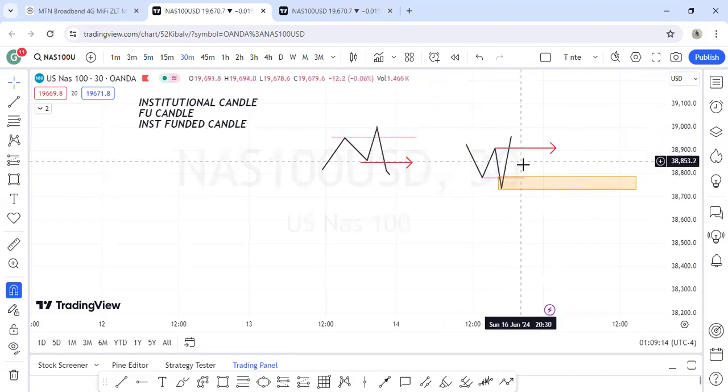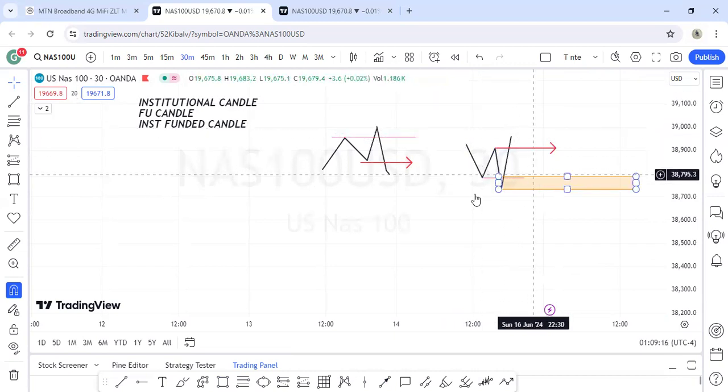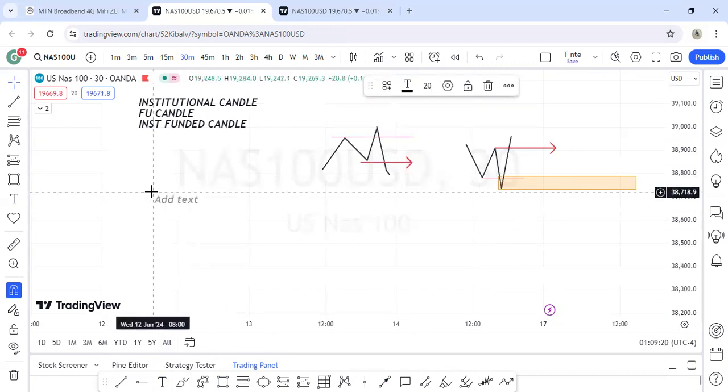When price comes back to your institutional candle, you now look for confirmations. Know something: this concept is used in two ways. The first way is as a higher time frame POI, and the second way is as a lower time frame confirmation.